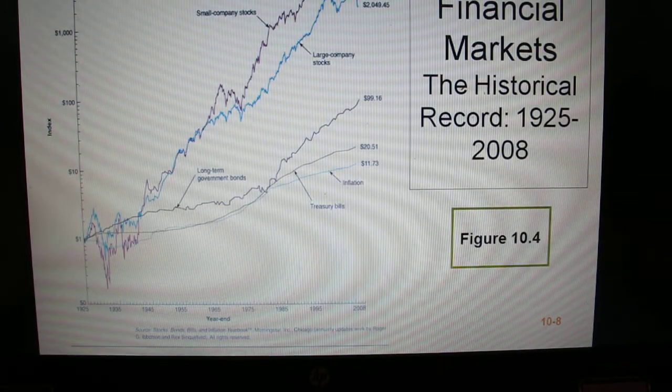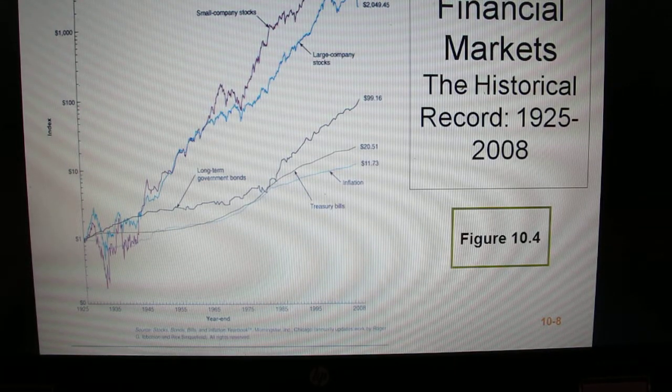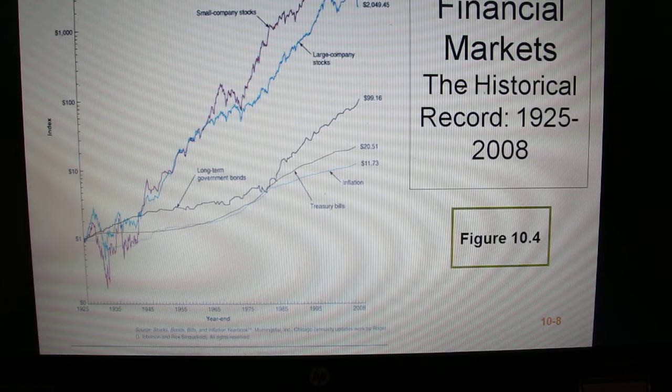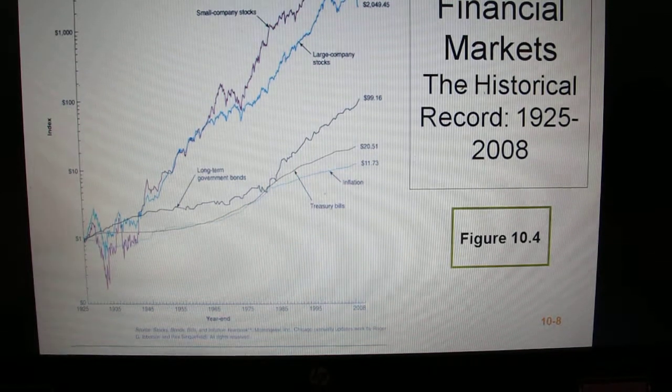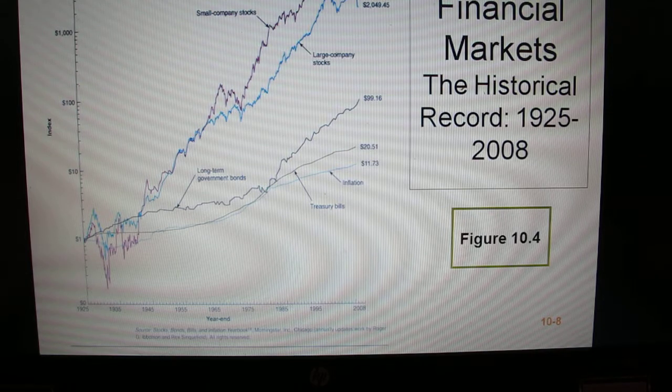This next chart, which I believe is a figure in your text, yes, Figure 10.4, reflects data from figures that are put forth throughout our chapter here. In it, you can see large company stocks, the S&P 500 index, which contains 500 of the largest companies in terms of total market value in the U.S. You see small company stocks, which are the smallest 20% of stocks listed on the New York Stock Exchange based on market value of outstanding stock.